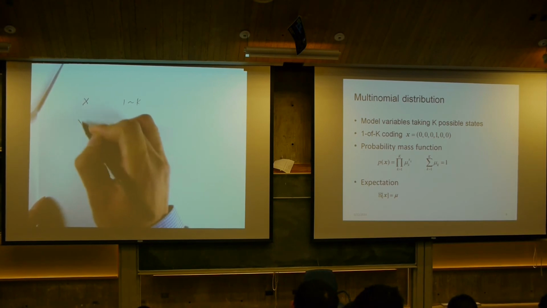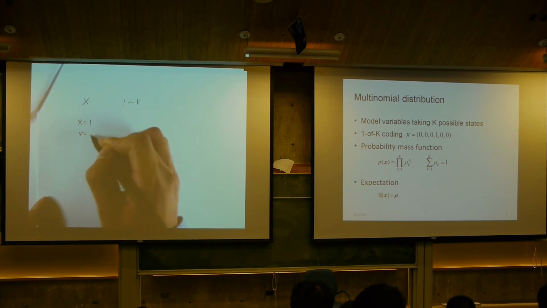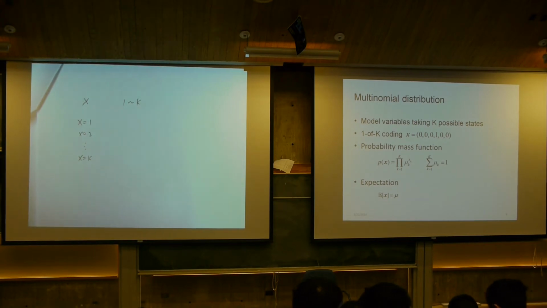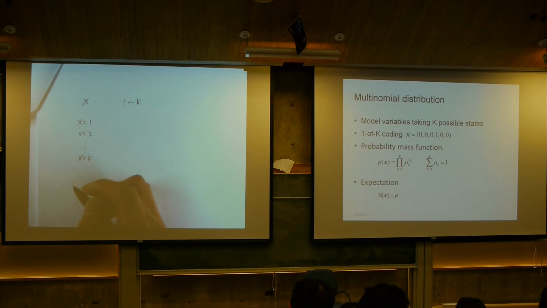Usually we say x equals 1, x equals 2, all the way to x equals k. But again, this kind of formulation is not easy to handle. So we have a trick to represent x, called 1-of-k coding.